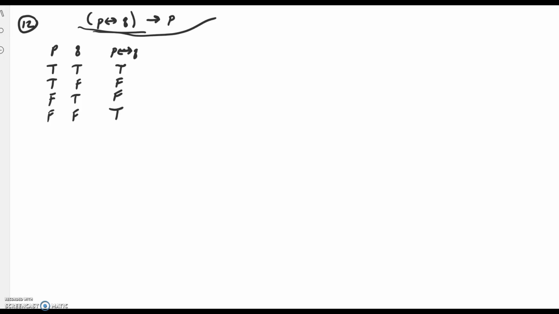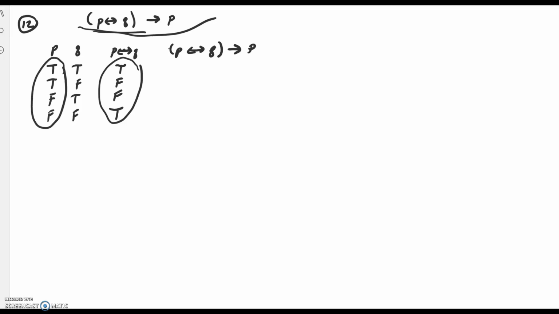And now what we're going to do is we're going to have this conditional statement, P if and only if Q implies P. So given this condition, we're testing these follow-throughs.